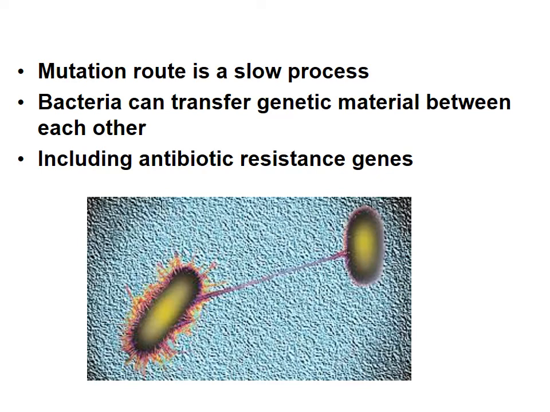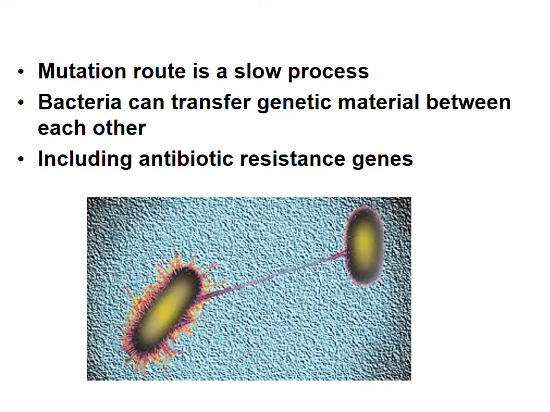What's been happening is that bacteria can transfer plasmids that contain multiple genes that confer resistance to different antibiotics. So you can have a genetic transfer of material between bacteria. And it doesn't have to be antibiotic resistance genes.